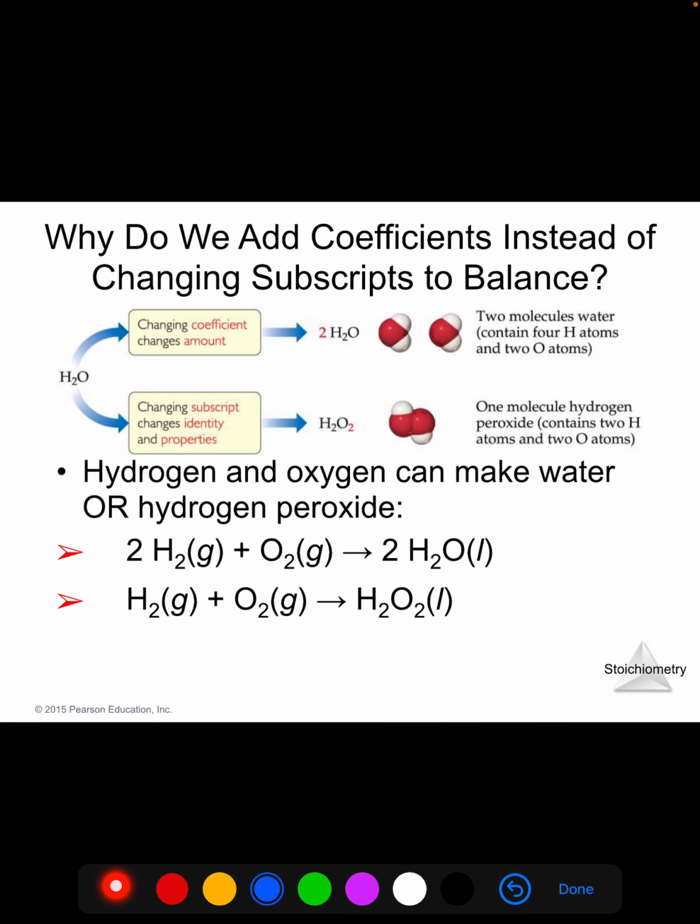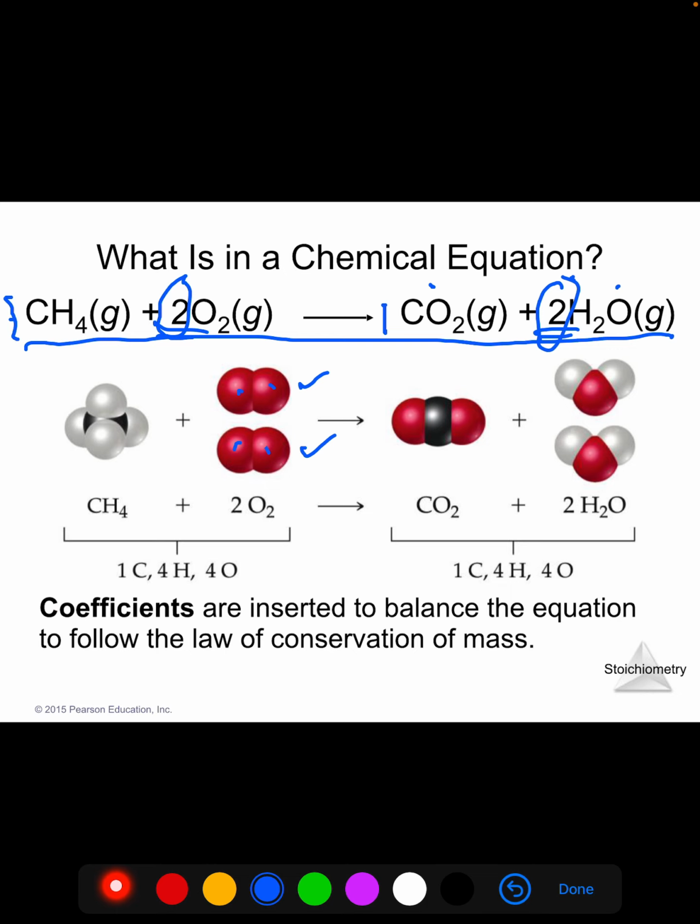So this is important, and this is where I lose people, because don't forget, we must obey the law of conservation of mass. The number of atoms on the left must be precisely the same as the number of atoms on the right. Reactants and products have to have the same atoms on both sides.